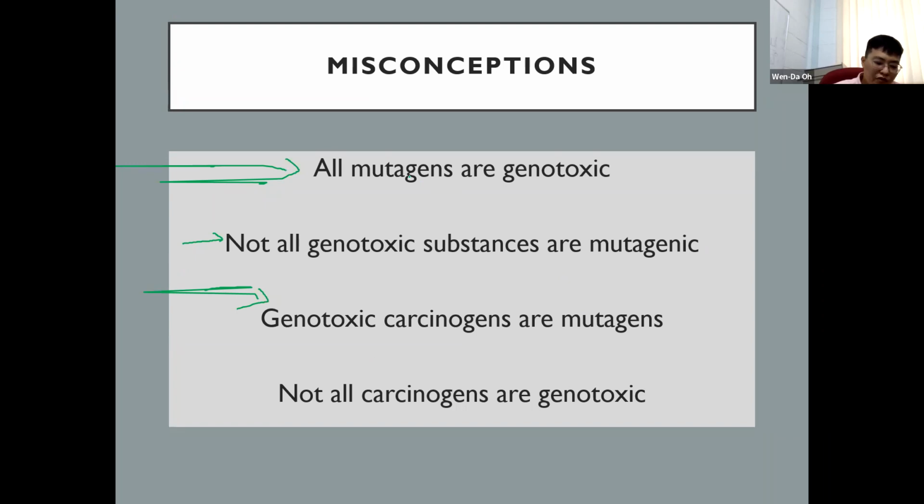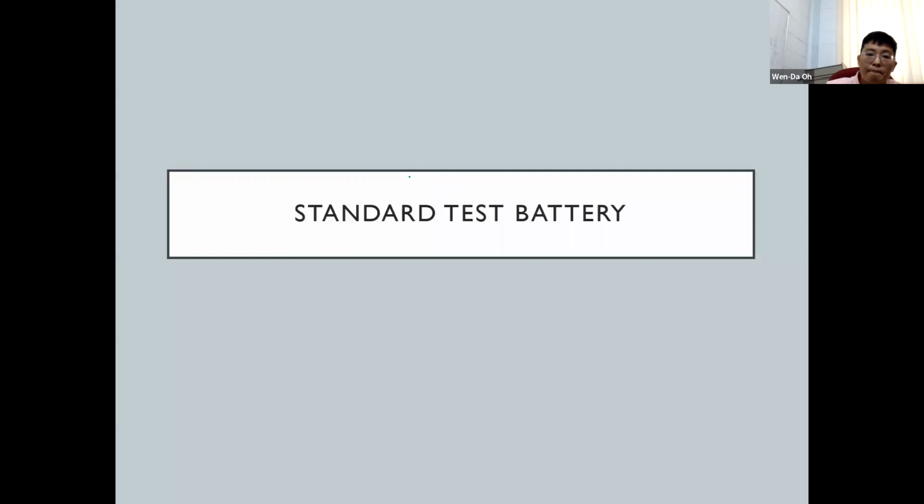There are many misconceptions from people saying that genotoxic is the same as carcinogen and so on, but they are actually not the same. Okay? We classify them differently depending on what they do, right? So not all genotoxic agents can cause carcinogens, right?